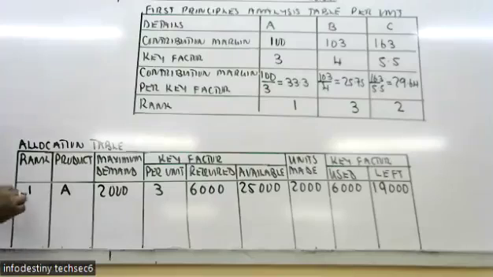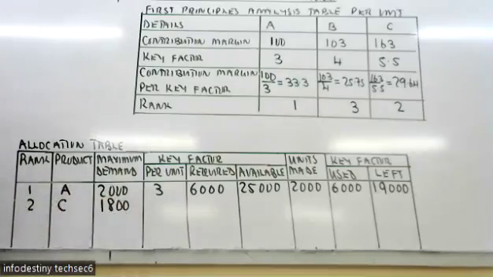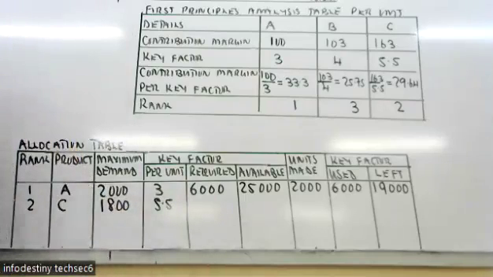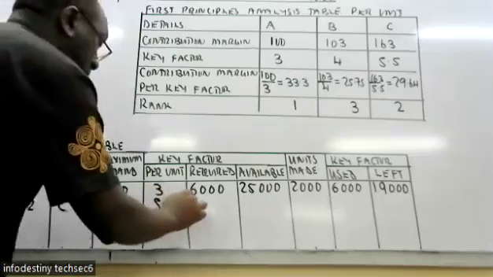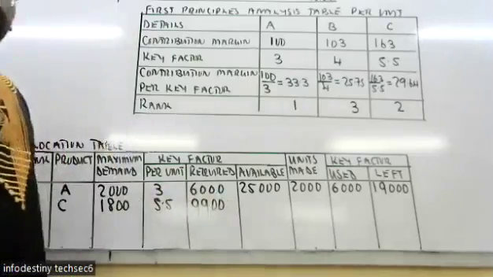Now we come to number 2. Product number 2 is product C. The maximum demand for that was 1,800. And the hours per unit, they are 5.5. So that means we require how many hours? 9,900.